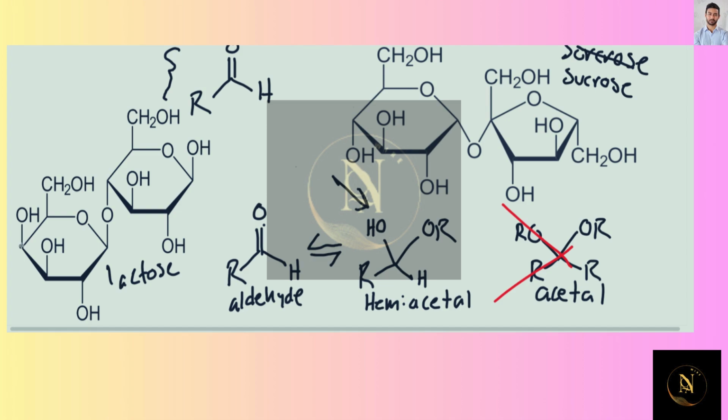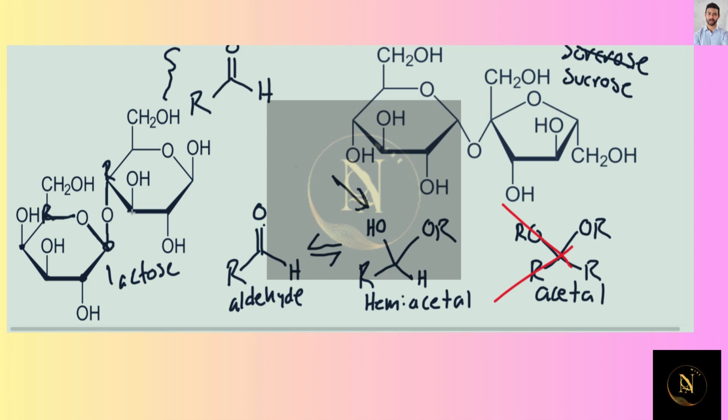This is not a hemiacetal because there's no OR linkages coming off this carbon. Same here, same here, same here. Oh, what about here? Now we've got an OR, right? Because this goes to oxygen, and then this is carbon, so that's like OR. And from here we can go to oxygen, and that oxygen goes to an R group. Well, that is an acetal, not a hemiacetal. Let's keep going.